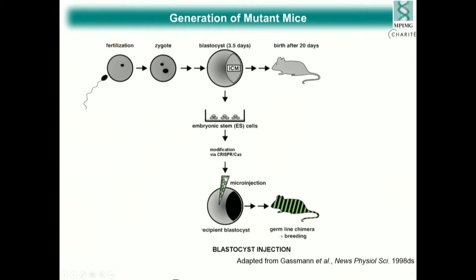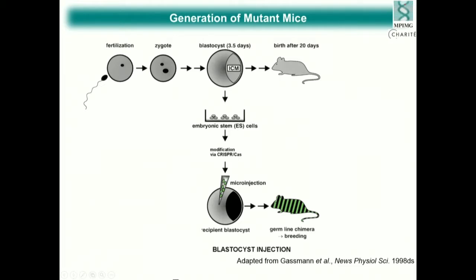And so the other option is that when you have a 2-cell stage zygote, you apply a slight electric shock to it, and this will induce a cell fusion and result in a tetraploid cell. This zygote will develop until a certain stage and eventually dies, because a tetraploid mouse doesn't exist and doesn't survive.